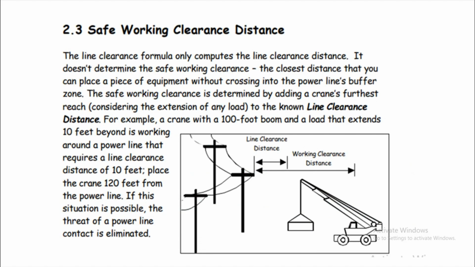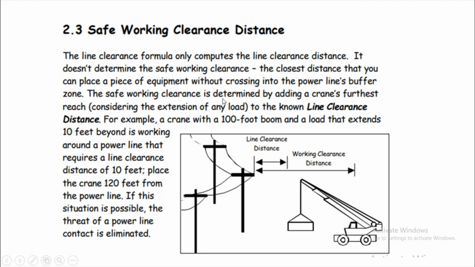Safe working clearance distance. The line clearance formula only computes the line clearance distance. It doesn't determine the safe working clearance. That is only the line clearance distance, but it's not the safe working clearance. The safe working clearance is the closest distance that you can place a piece of equipment without crossing into the power line's buffer zone.